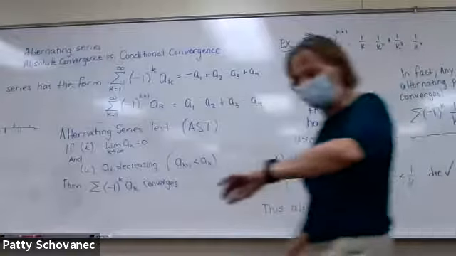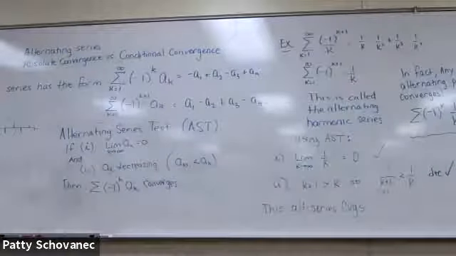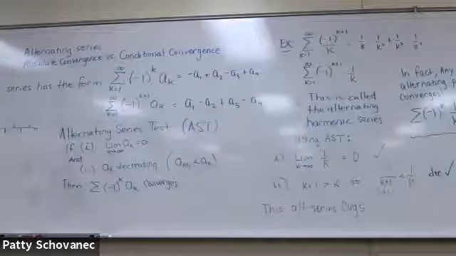One over K to a P is going to go to 0, and it's going to be decreasing, because I can just do the same steps but throw a power of P on there, even if P is less than 1.